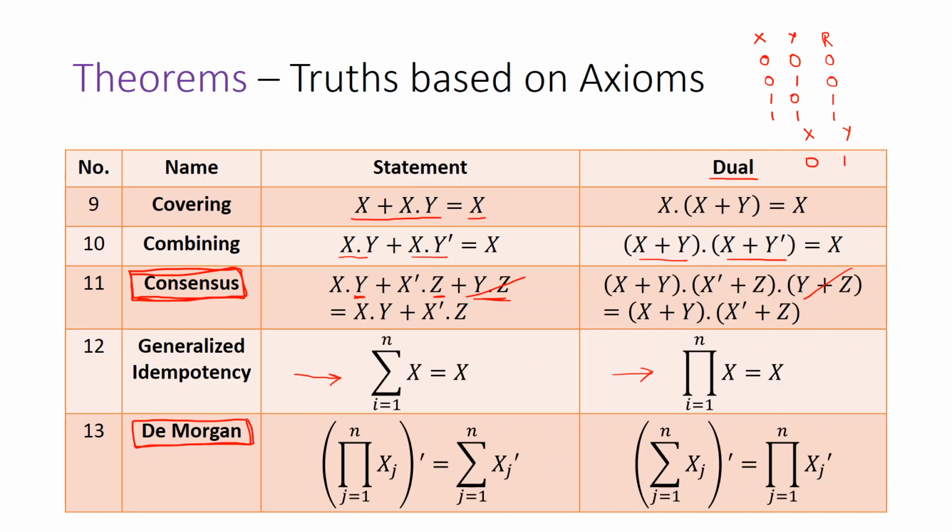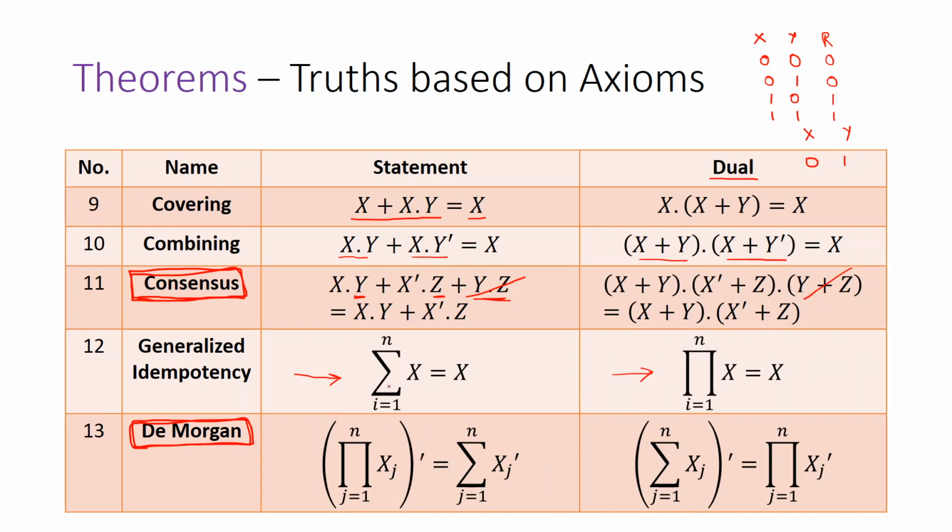De Morgan's theorem. Here it says that if you have n variables, you AND them together and then take a complement, it is the same as ORing the complements of the variables.